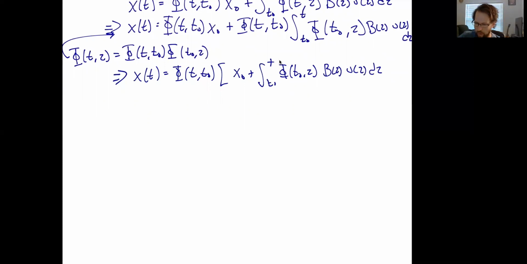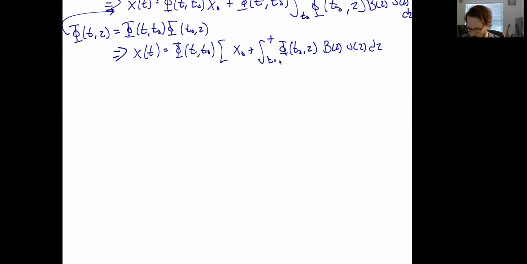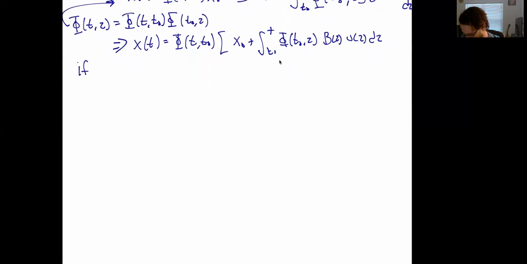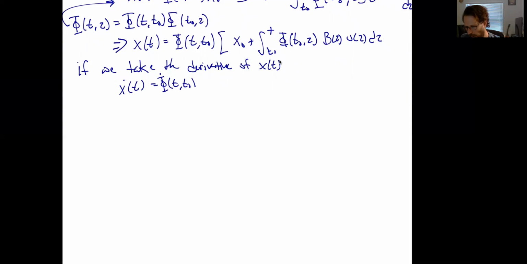Now if we take the derivative of x of t, we get x dot of t is equal to phi dot of t, t naught times x naught plus d dt times the integral from t naught to t of phi of t, tau b of tau u of tau d tau.